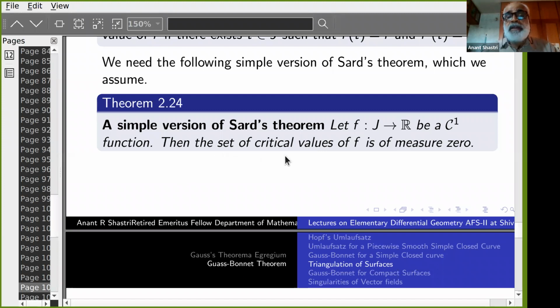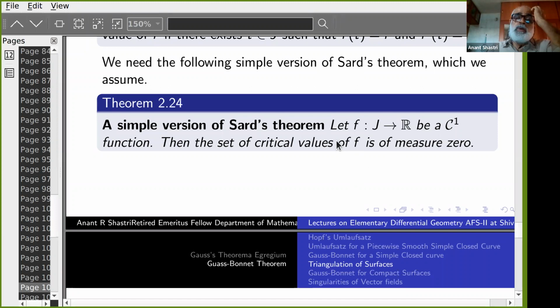The set of critical values of f is of measure 0. This is a very simple statement. The proof is also very simple in this case. This theorem is very important in differential topology. It can be stated for any manifold to any manifold, in particular R^n to R^m, and so on. The proofs are not that easy.